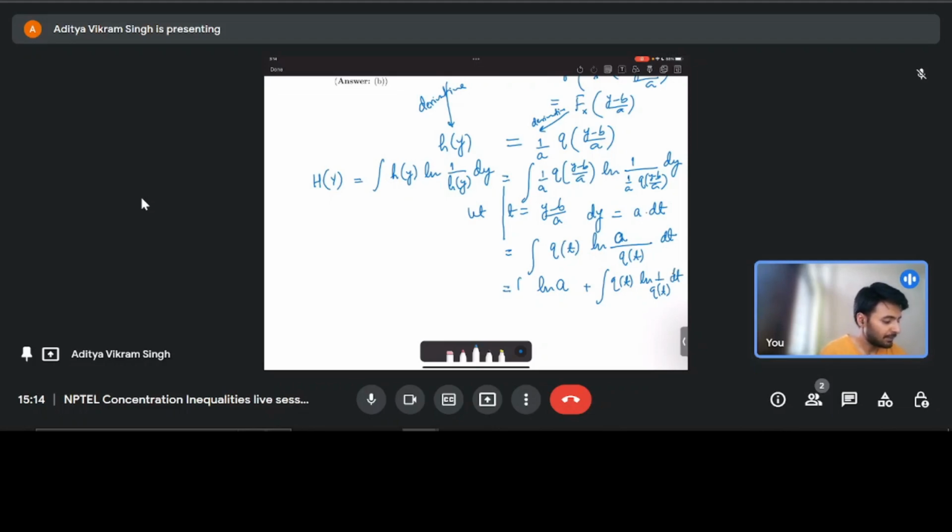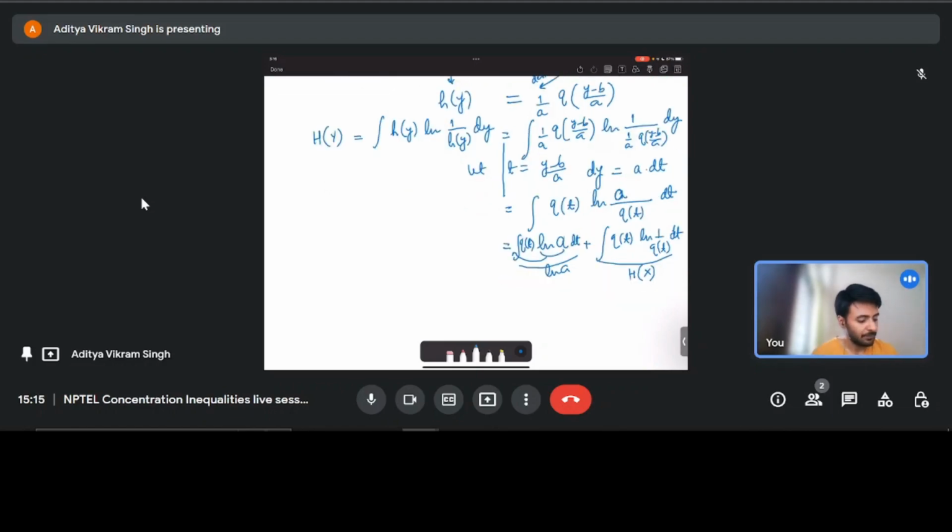I mean, this was q(t) ln a dt, so ln a comes outside and q(t) dt integrates to 1, right? So this is just ln a, and this is just h(x).